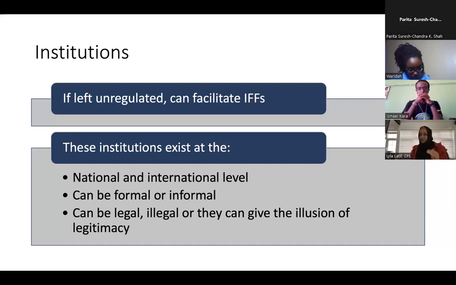These institutions can be formal or informal. We have to be very clear about this, right? They are formal when they are legally set up and regulated by the government or another supervisory body. They are informal when they are set up to respond to society's needs by private, unregulated actors in the absence of a regulator, or as less costly alternatives, such as the Hawala sector, guided by social legal norms.